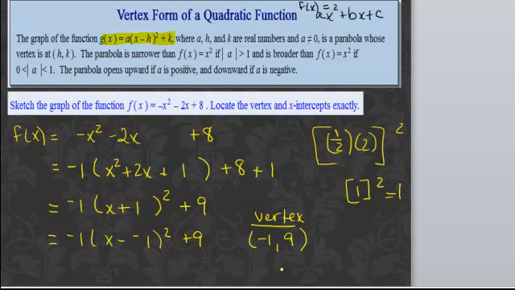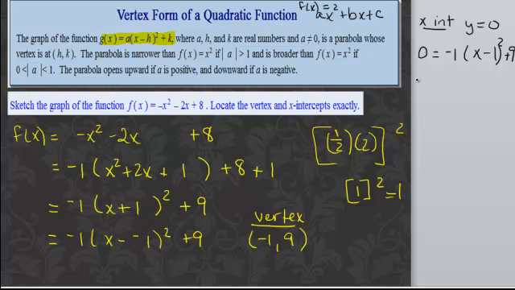Okay, we also want to find the x-intercepts. So how would we go about doing that? To find x-intercepts, remember you always let y equal 0. So if y is 0, we have 0 equals, we'll just use it in this form right here, negative 1 times x plus 1 all squared plus 9.